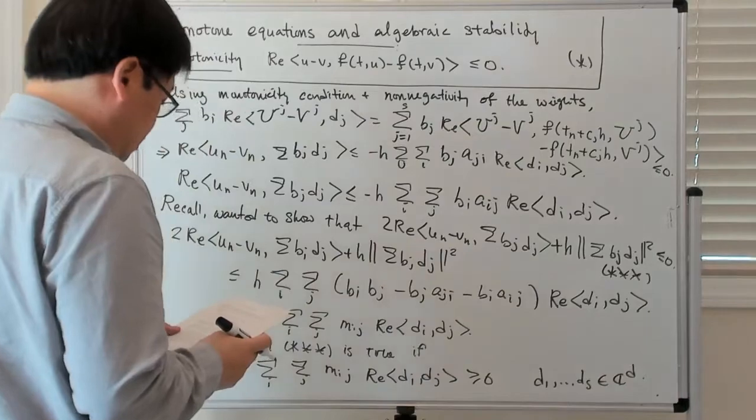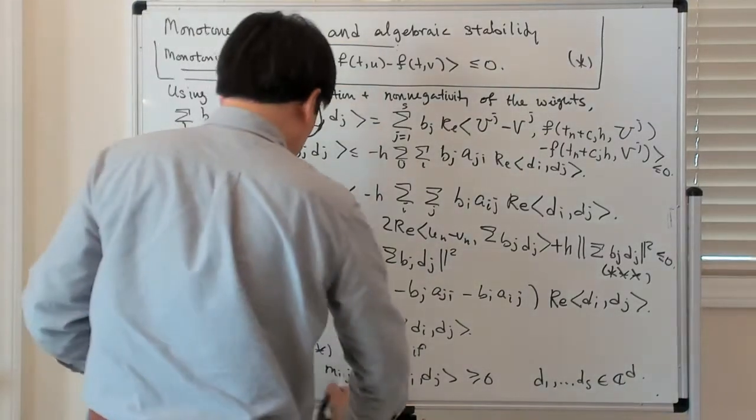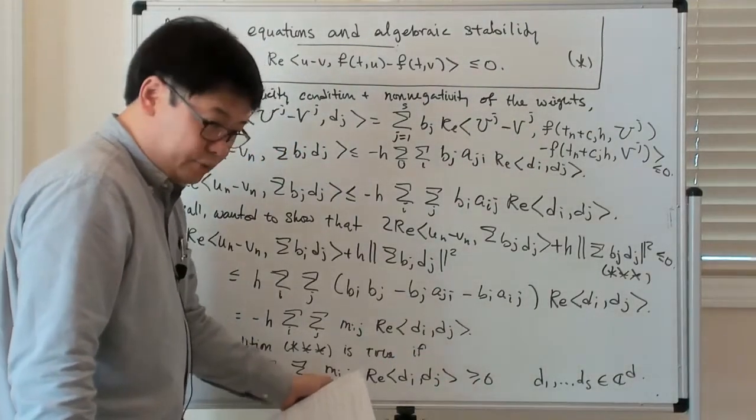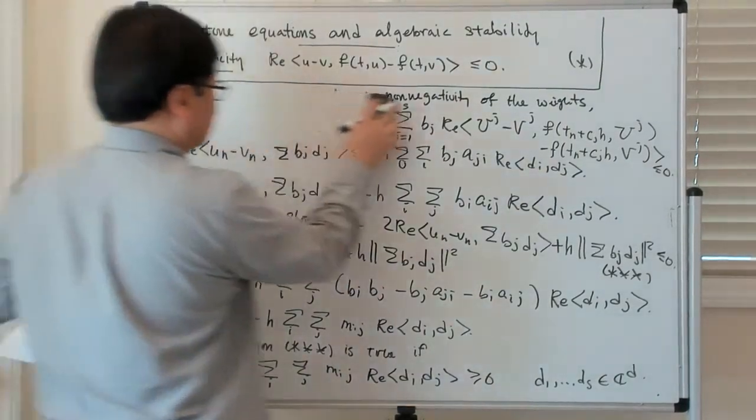Right. And this is where you use the assumption that m_ij is positive semi-definite.